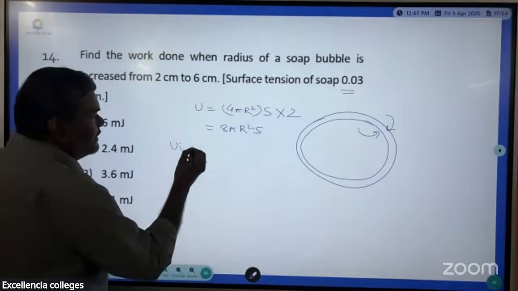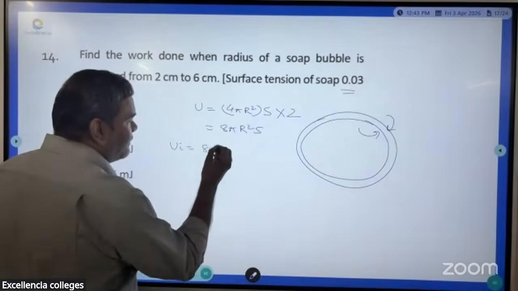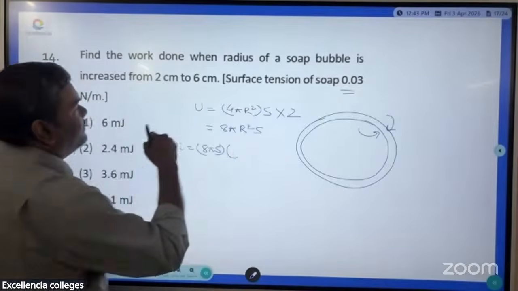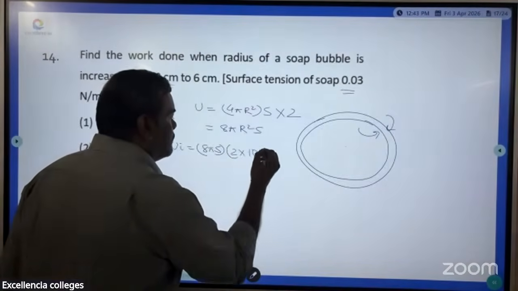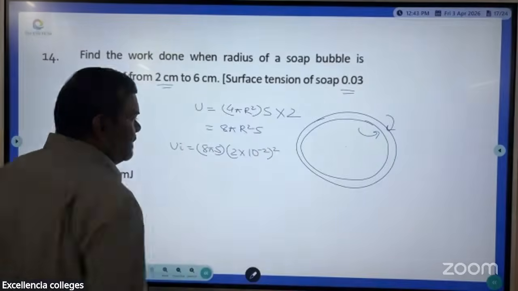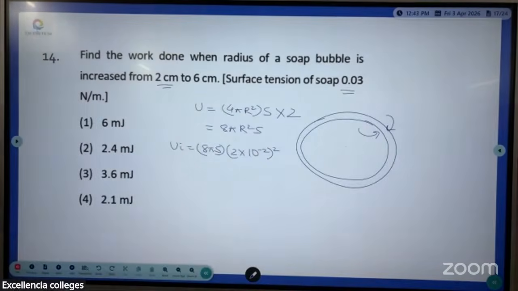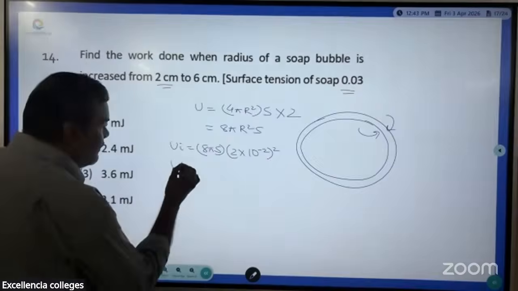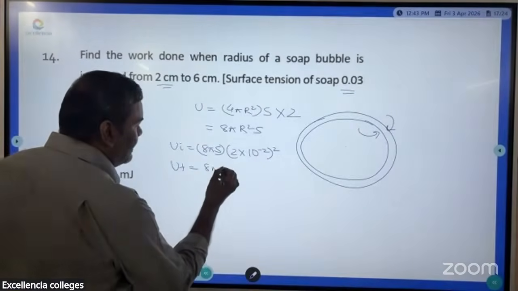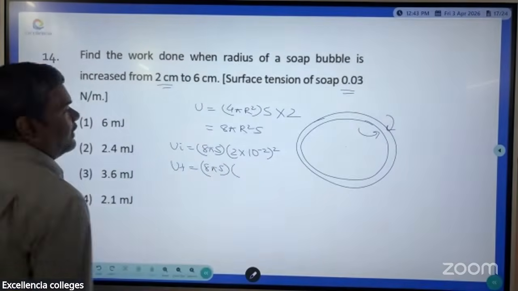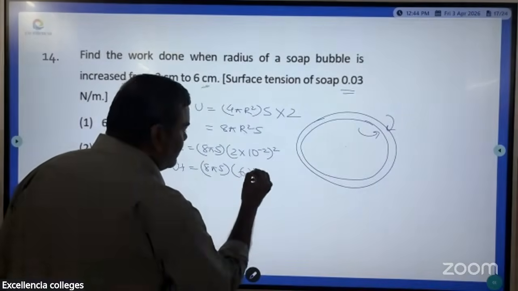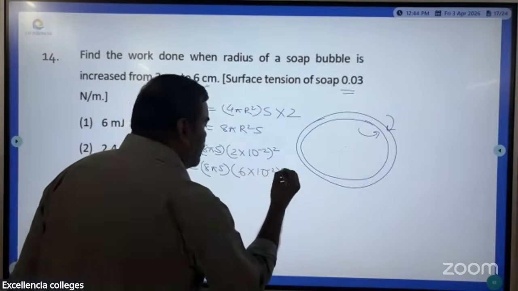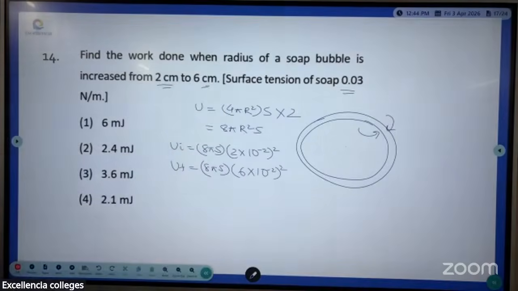So initial surface energy will become 8 pi S into r square. Initial radius is 2 centimeter. So 2 into 10 to the power minus 2 whole square. And final energy will become 8 pi S again r square, that's going to become 6 centimeter, so 6 into 10 to the power minus 2 whole square. That's the final energy.